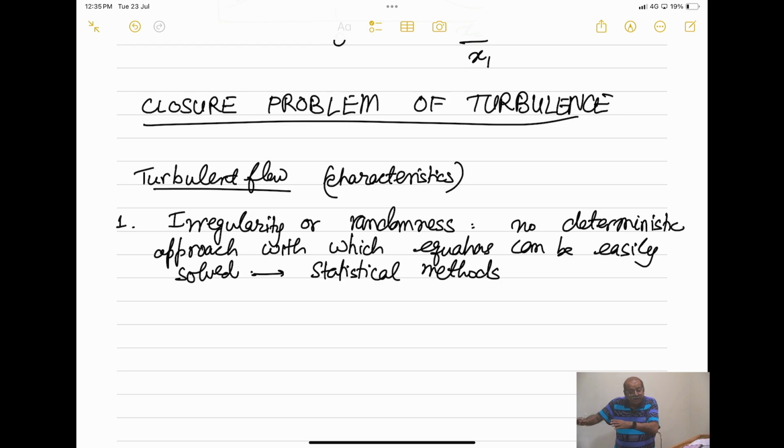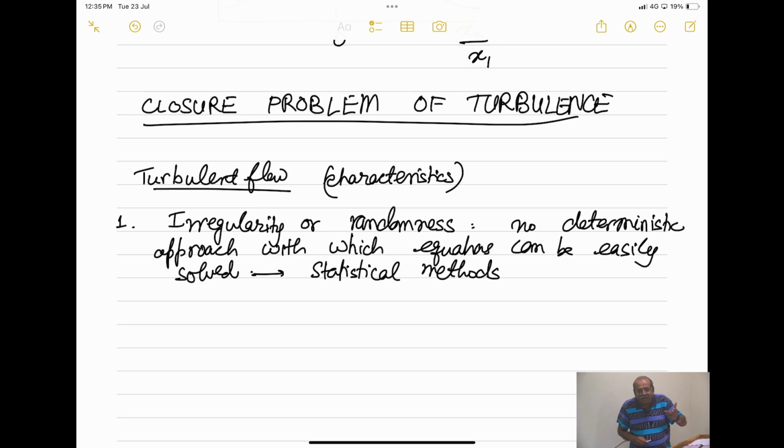But we are restrained only to the averages, maybe higher order averages, not just the mean of u. Maybe a fluctuating quantity multiplied by itself, that average and so on, but we are restrained to that. But I think a lot of shift came in the late 90s till today, and that is that instead of an analytical approach, we try to take the numerical approach, trying to solve the equations from a CFD perspective.